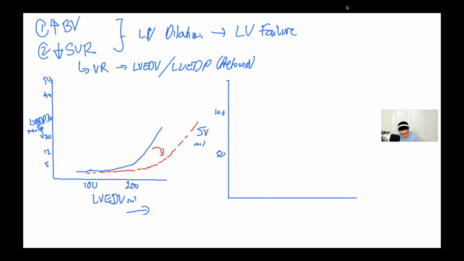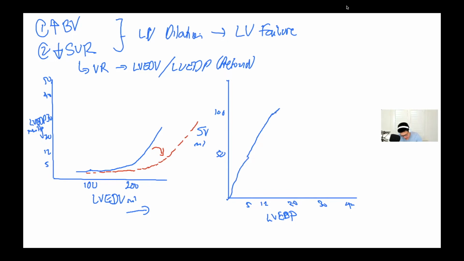And normally with the cardiac function curve, we have a left ventricular end diastolic pressure here. So again, 5 to 12 is normal, and then 20, 30, 40. And so that 50 to 100 should represent what normal is.